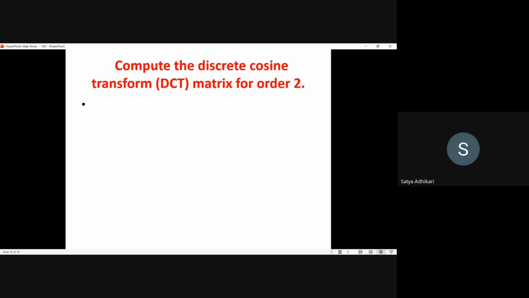So I saw some questions of this type: compute the discrete cosine transform matrix for order 2. How to compute this discrete cosine transform matrix for order 2?